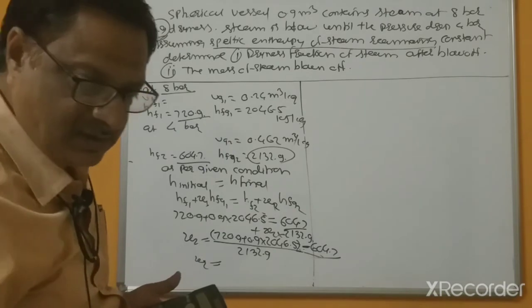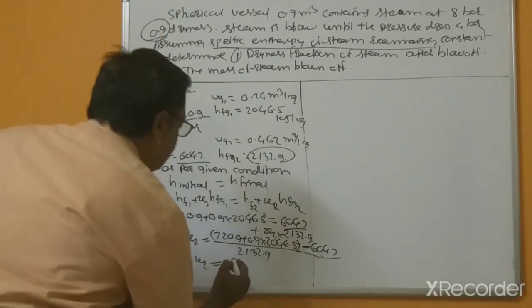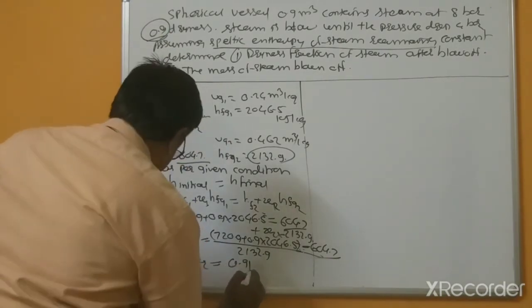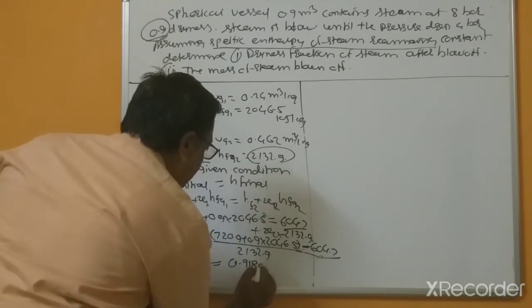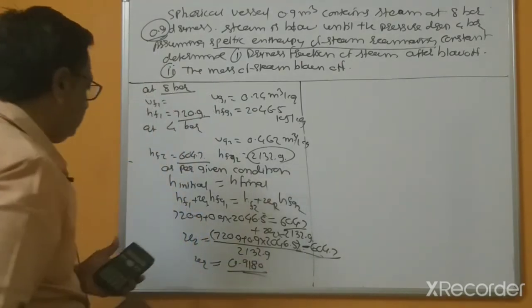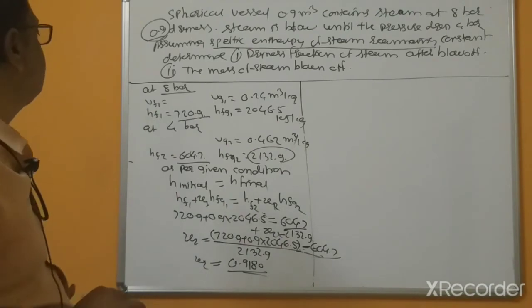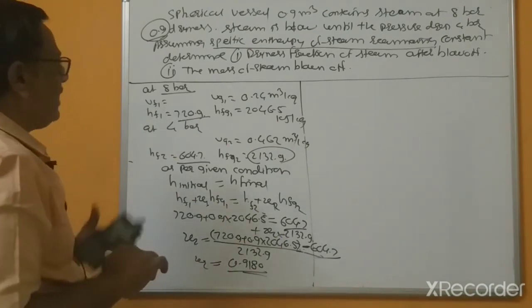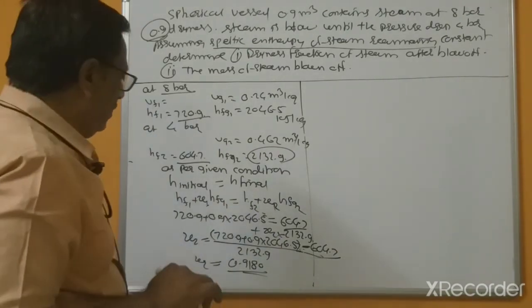The dryness fraction x2 equals 0.9180. This is your first answer, the dryness fraction of steam after blow off.